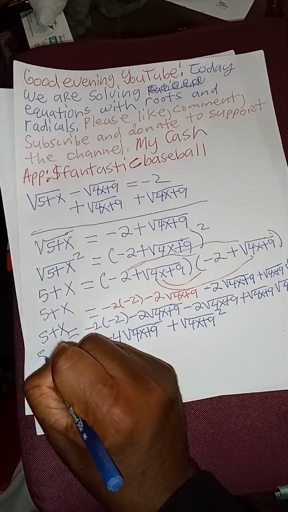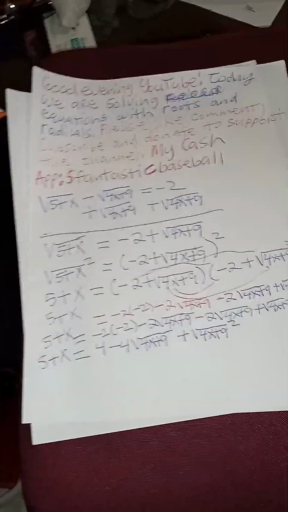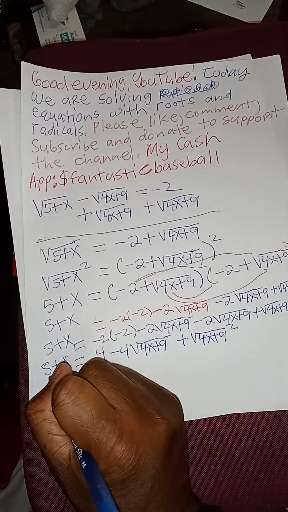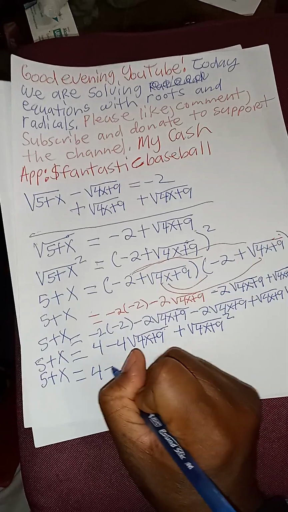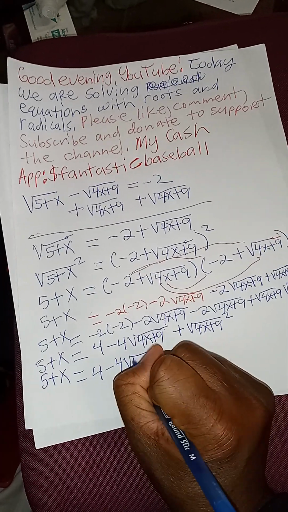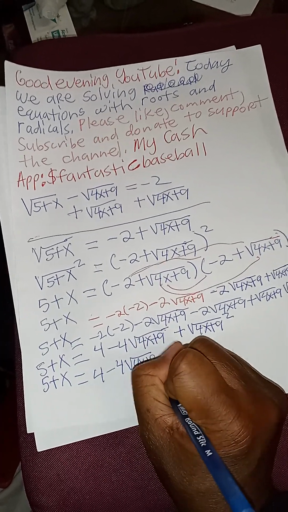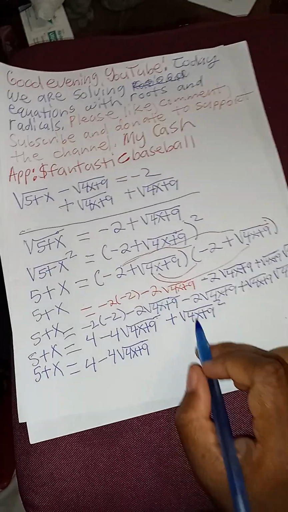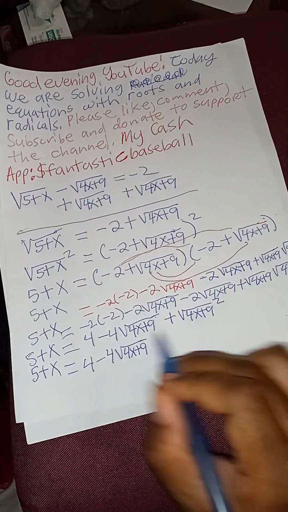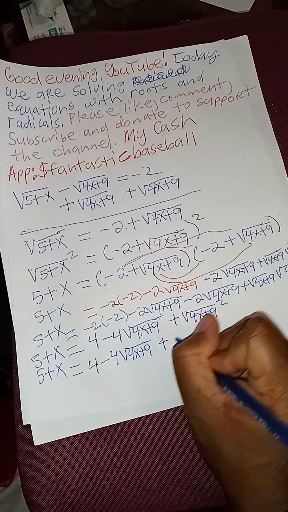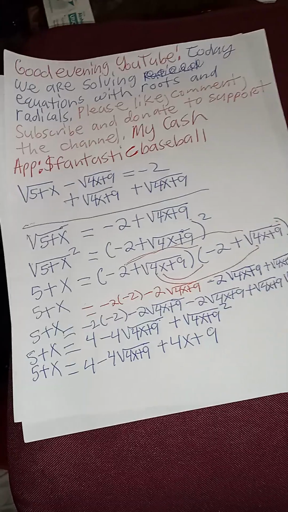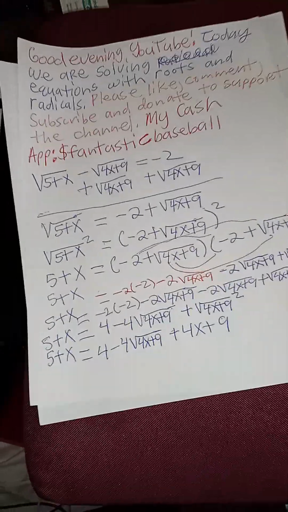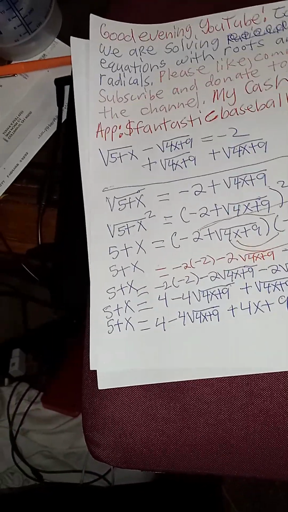And then on the left-hand side, 5 plus x. So we bring down the 5 plus x is equal to 4 minus 4 square root of 4x plus 9. And then we're squaring a square root, so the opposite comes out, so plus 4x plus 9.